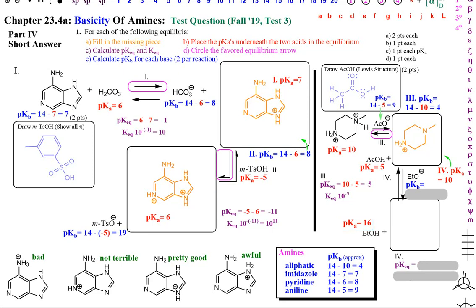The conjugate base of ethanol is ethoxide, and it has a pKb of 14 minus 16, which is negative 2. And the conjugate base of this acid will be this species here with a pKb of 14 minus 10 again.